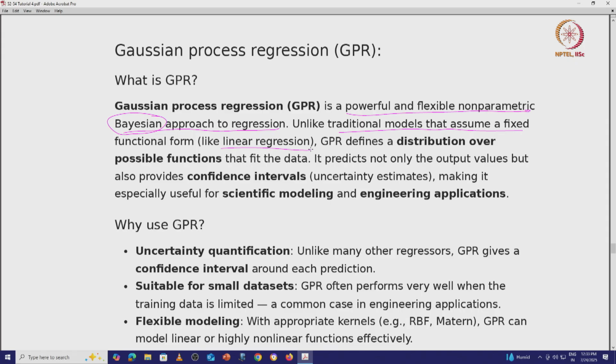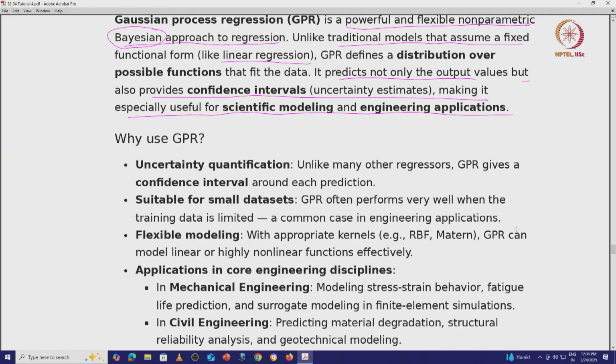So GPR predicts not only the output value but also provides uncertainty estimates, making it ideal for engineering applications and scientific modeling. In engineering applications we are not just satisfied by predicting a value, we want to know what the error bar in that value is, and that is where GPR really shines.